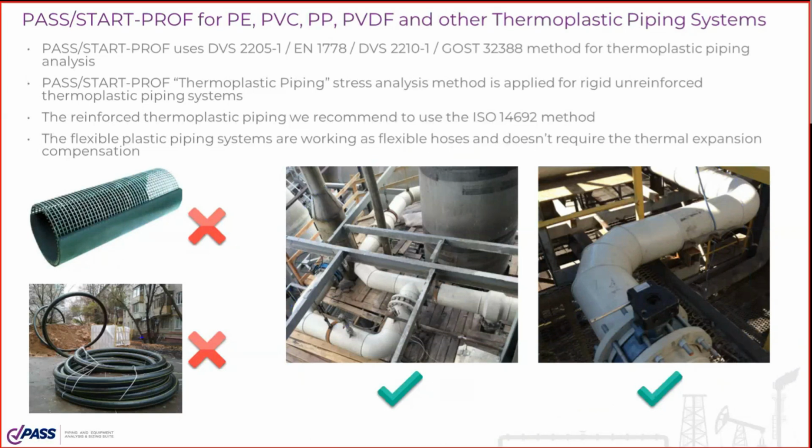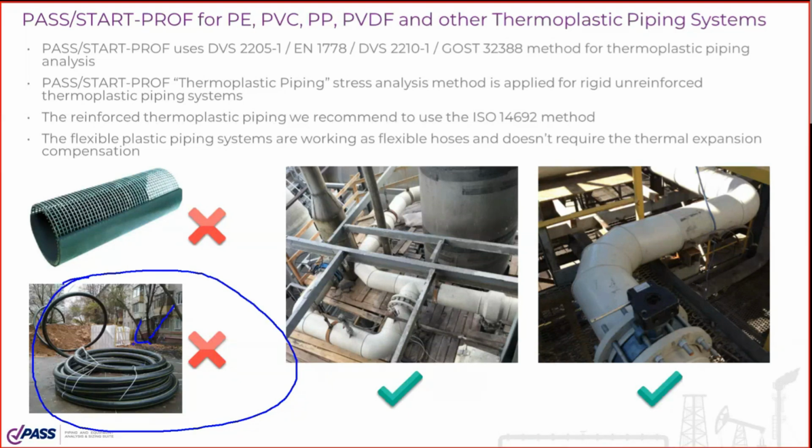Also, we have flexible piping systems. Usually, we don't calculate stresses in flexible thermoplastic piping systems because they are flexible like a hose, and we don't need to check the thermal expansions in such a piping system because it can compensate for them because of its flexibility.